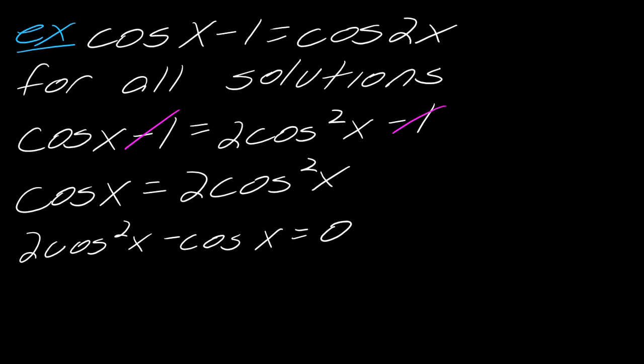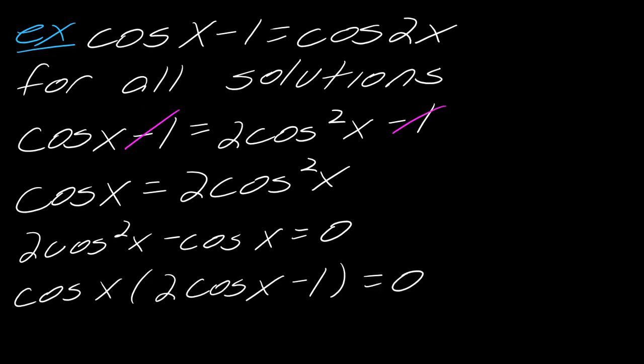So what you want to do is subtract off that cosine x, and then look what happens. I factor out that cosine, and this is what I mean. If you divided both sides by cosine x, you would lose this factor of cosine x, and this holds a whole set of solutions, right? So you don't want to accidentally divide that out.